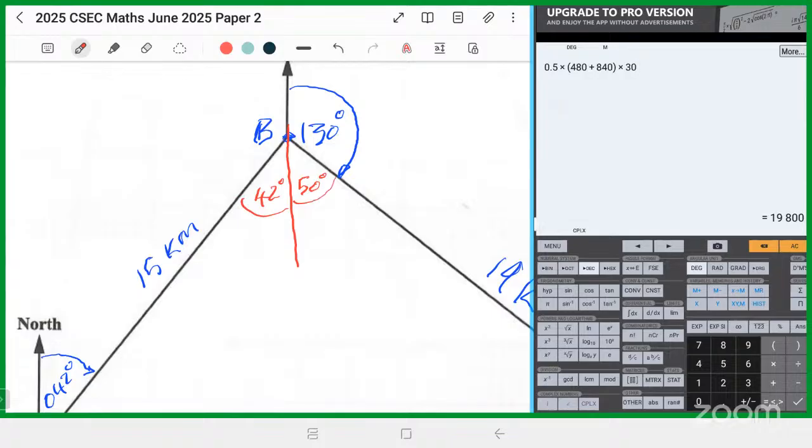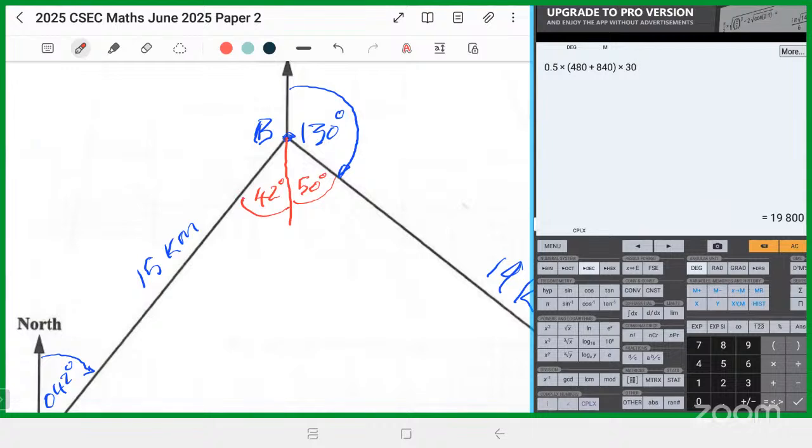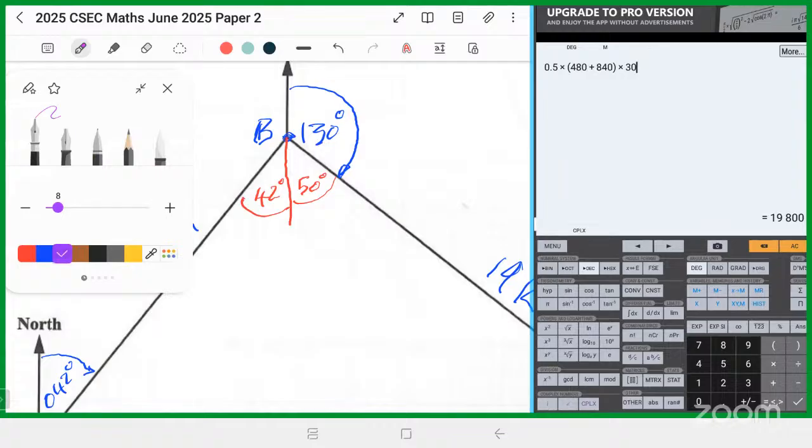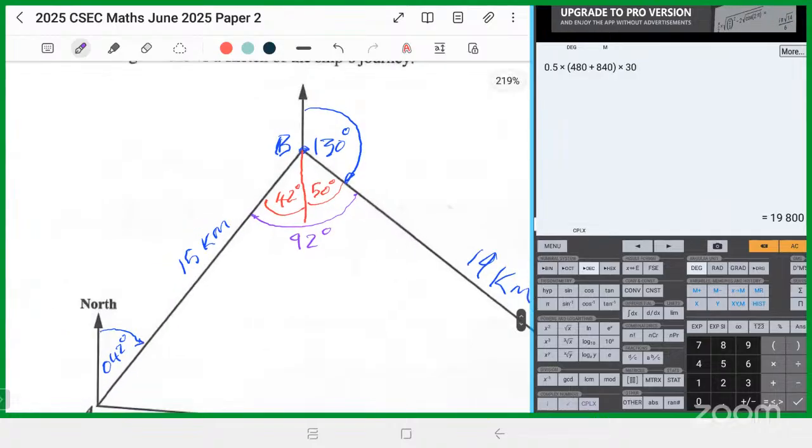And so the total angle across here: extend this north line down and put the Z angle on the straight line. So the angle inside here that we want is simply equal to 92 degrees. That's the easy way to do it.